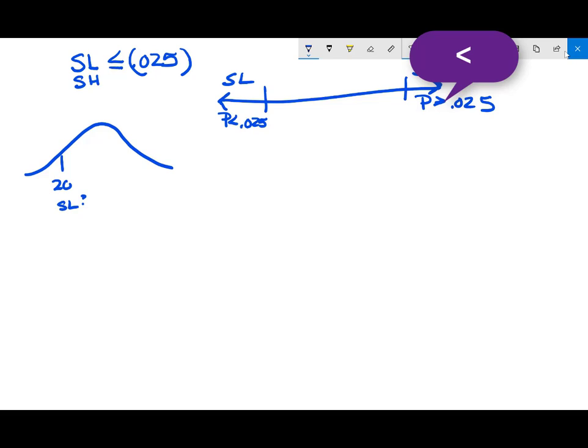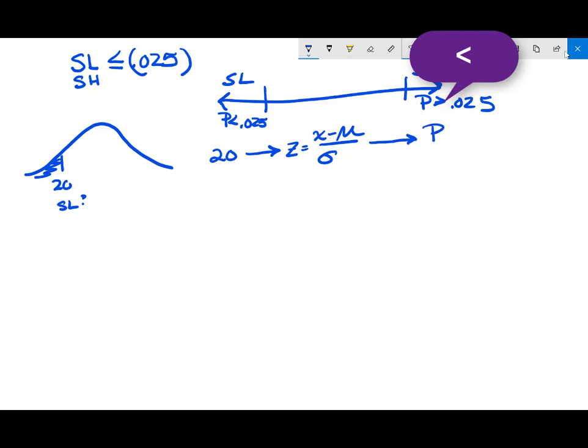We find the probability finding the area to the left. So what's the first thing we do? We take our raw score and we standardize it. So we're going to take our 20 and standardize it using our z-score, our score minus the mean divided by the standard deviation. And then we'll use that to find the probability.